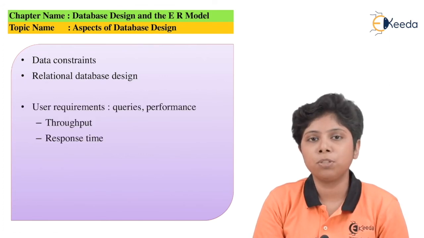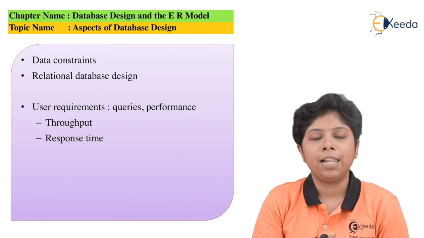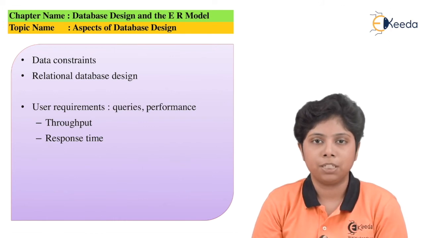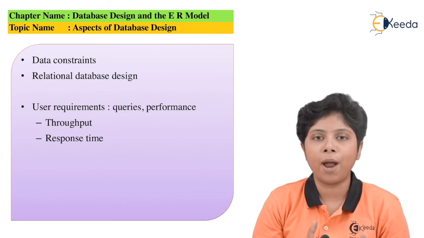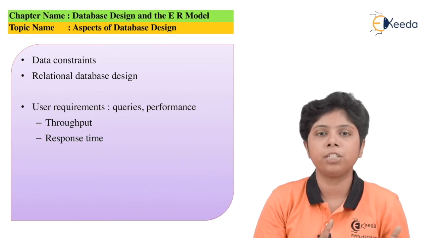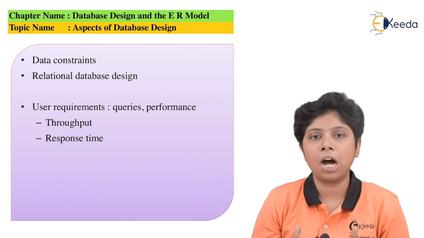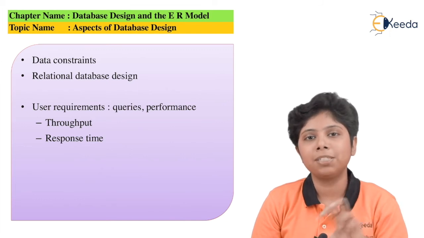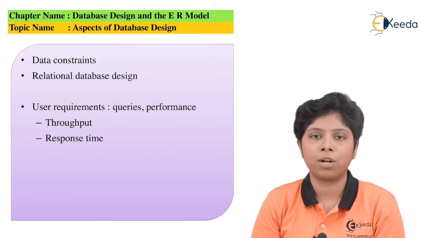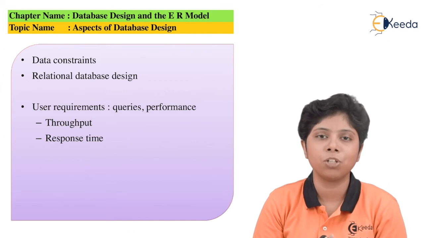Next is the throughput and response time. Let us first define the terms. Throughput is the number of queries that we solve per unit time, or the output of a database per unit time. And the response time stands for the time from the start to the end of a transaction, or say a successful query.